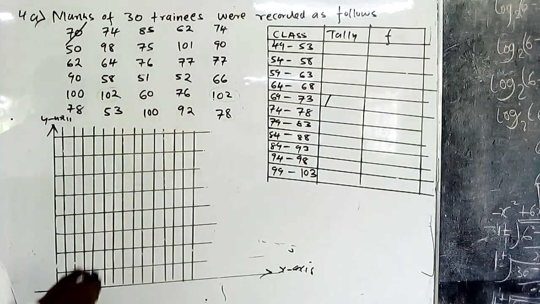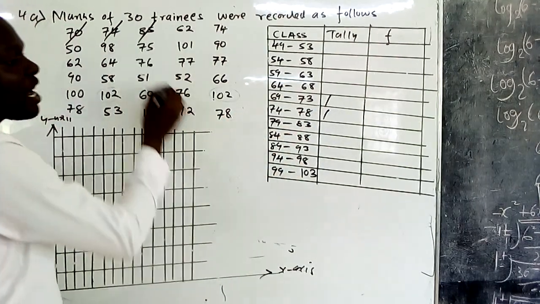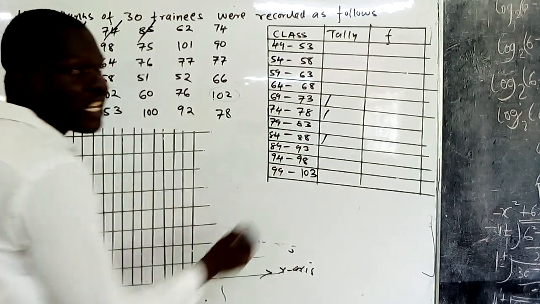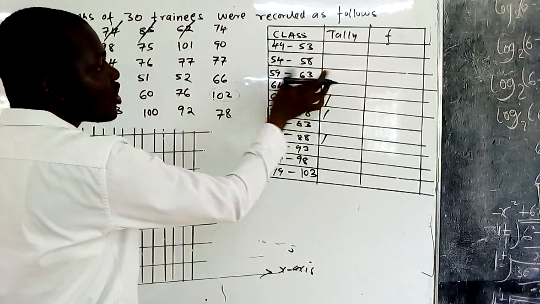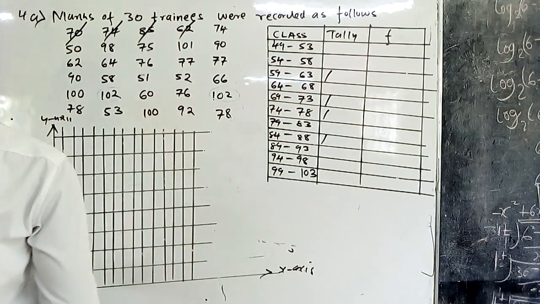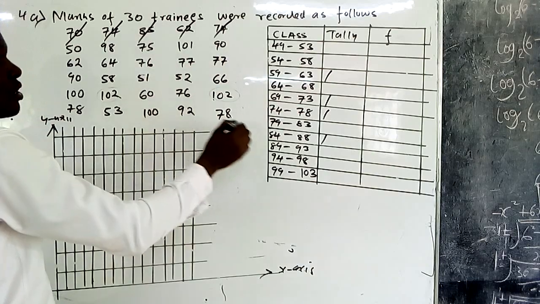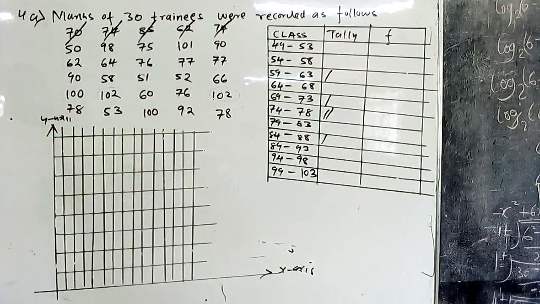You move to the next one, 74, in which class? This class, you tally that. 85, you cross, it is in this class, you tally that. 62, you cross, it is in that class, you tally that. Then 74 is in this class, you tally that.